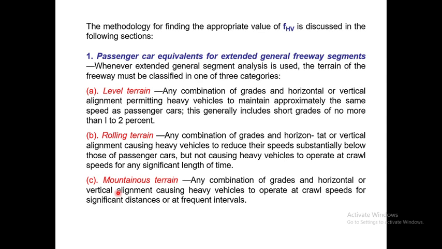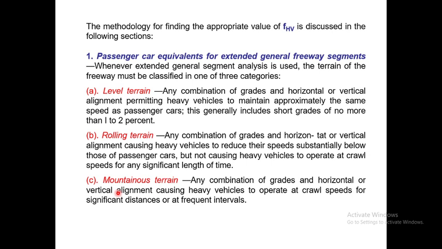When we are facing heavy vehicles on the road, you will see slowness in the traffic flow. So you know that heavy vehicles are the reason for this slowness. So we have three different terrains.